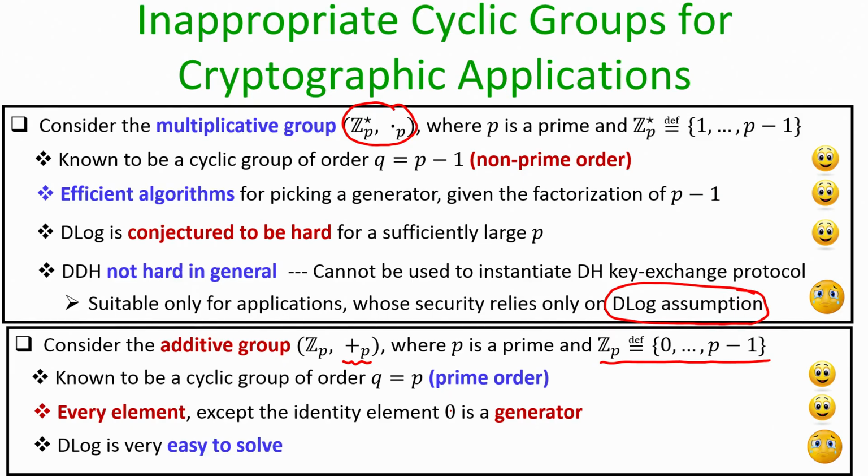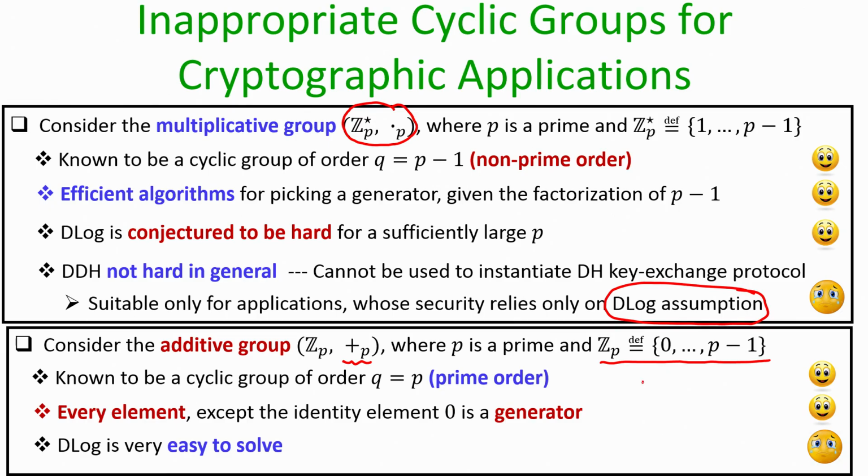However, the most unfortunate fact with respect to this group is that the D log problem is very easy to solve in this group. In poly amount of time, you can compute the D log of any randomly chosen element from this set with probability 1. So, what exactly will be an instance of the D log problem in this group?